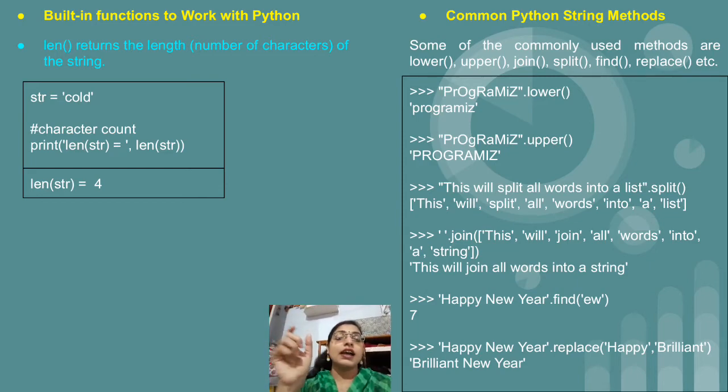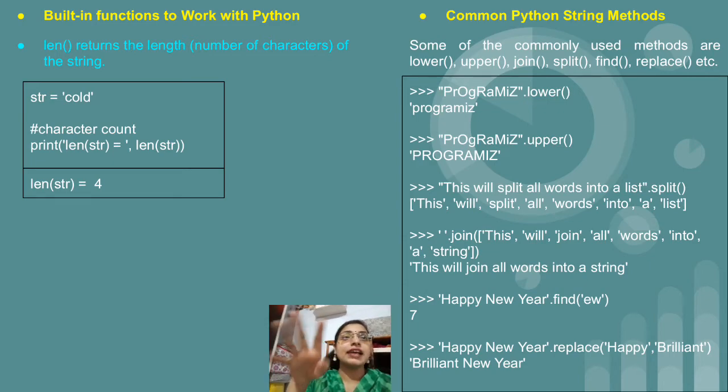After that we make use of the respective functions. In the first example we make use of the dot lower function. The lower function will convert all the capital letters into lowercase letters, and if there are lowercase letters they will remain the same. So basically the lower function is used to convert uppercase letters into lowercase.